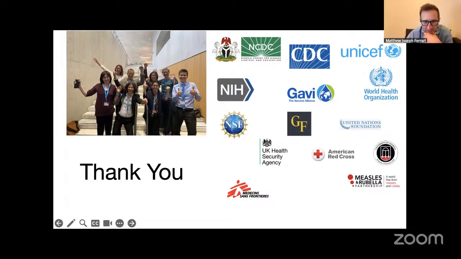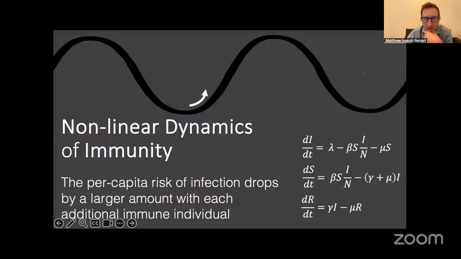Let me make sure that I have it here. The lambda indicated here is the birth rate into the system. And strictly speaking, I haven't even noticed, there's a typo in the equations.